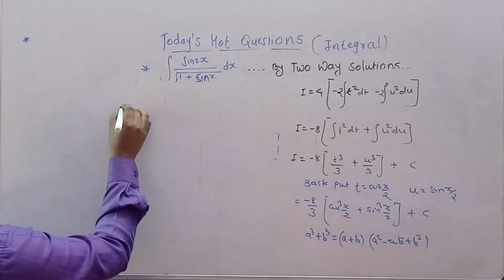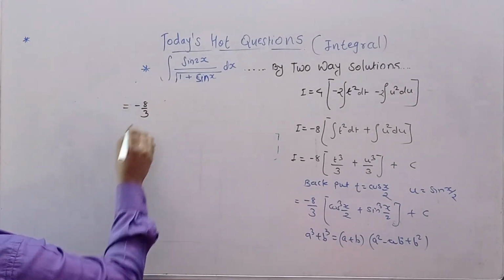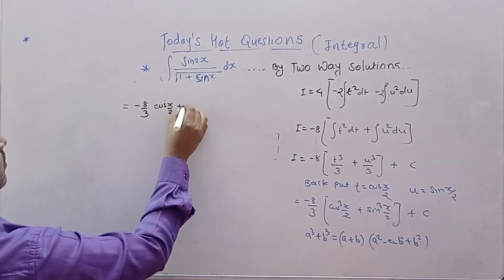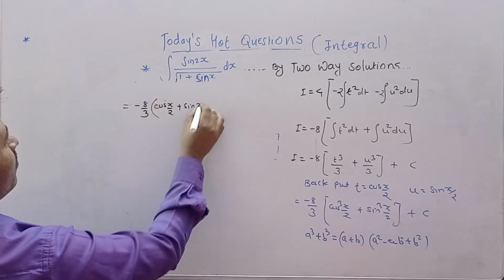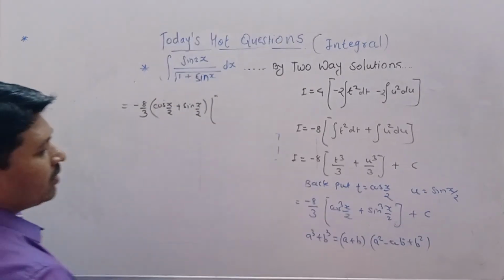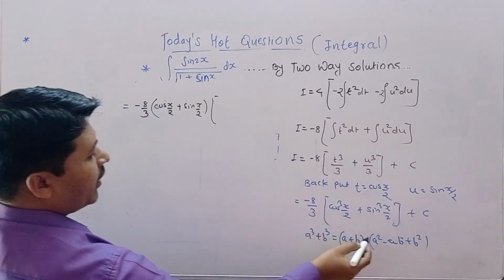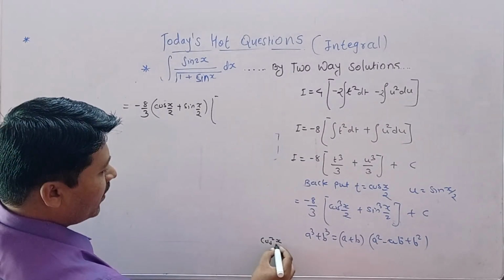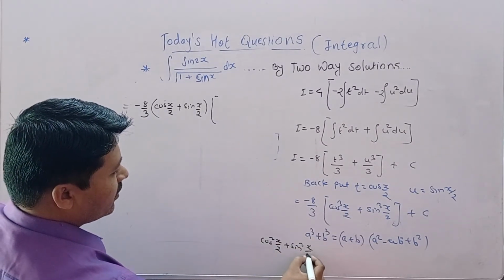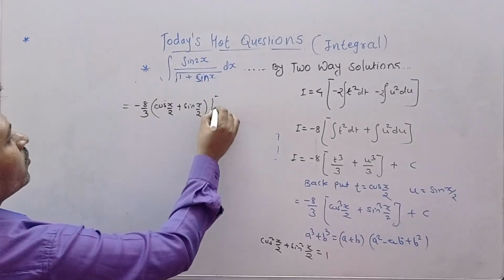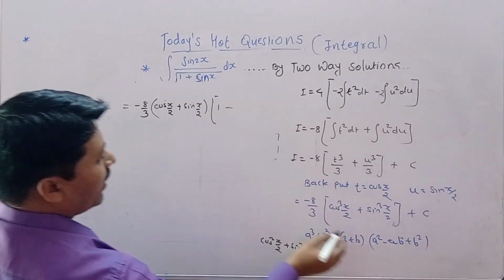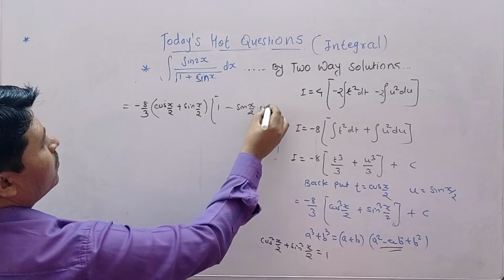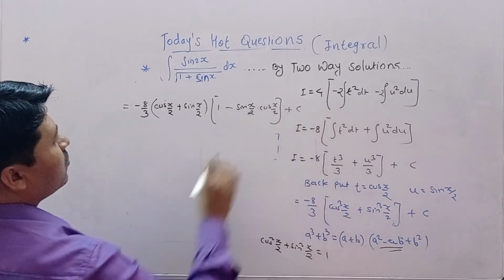Therefore I = -8/3 times (a + b), that means cos(x/2) + sin(x/2), in bracket a square plus b square, that means cos square(x/2) plus sin square(x/2), which is equal to 1. Therefore we can write 1 minus ab, that means sin(x/2) into cos(x/2), plus c is the constant of integration.